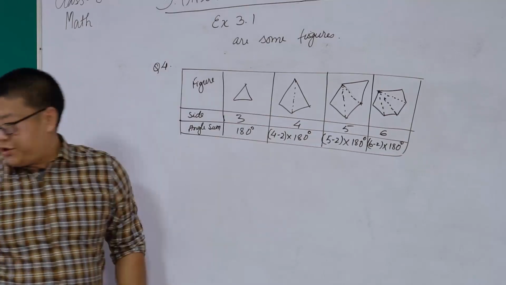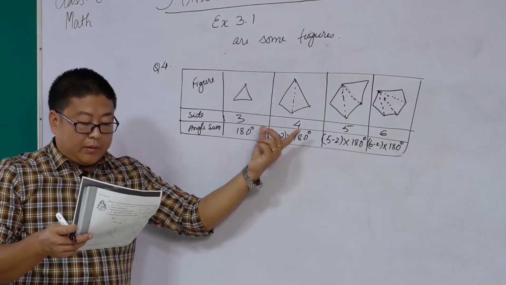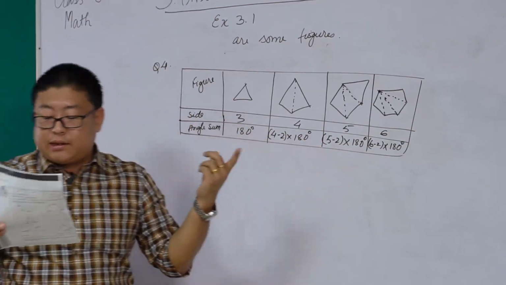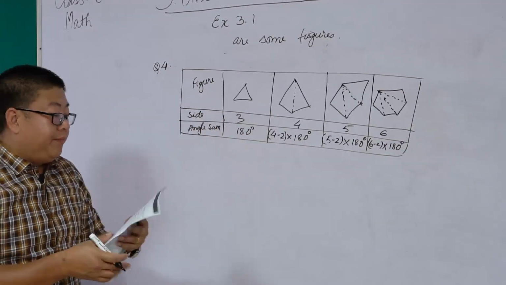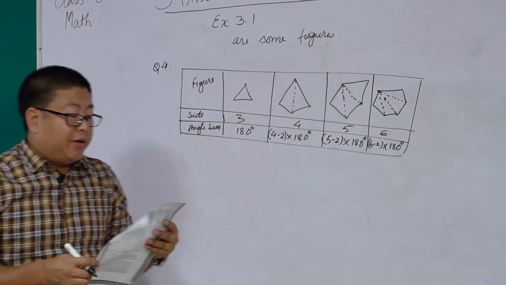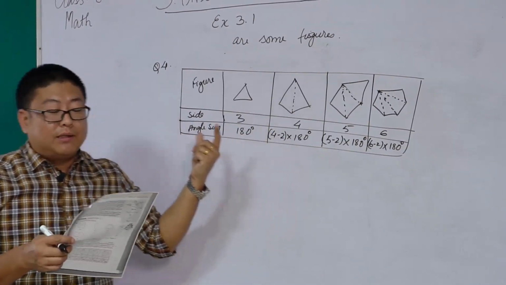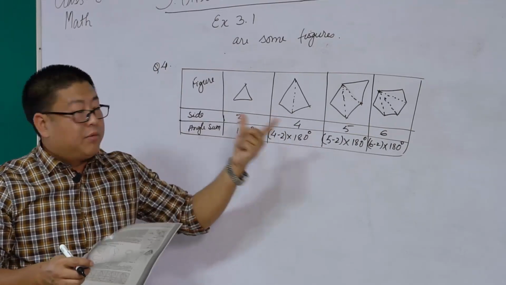Now we have this question, in question number 4, this table is given. Now they're asking us to examine the table. Each figure is divided into triangles and sums of the angles deduced from that. They're asking us, after studying this, what can you say about the angle sum of a convex polygon with number of sides?